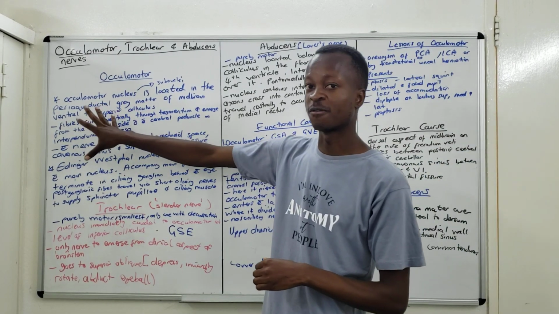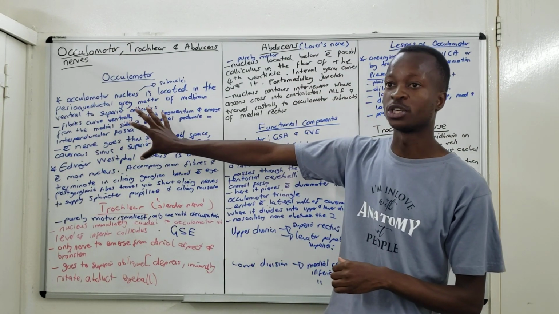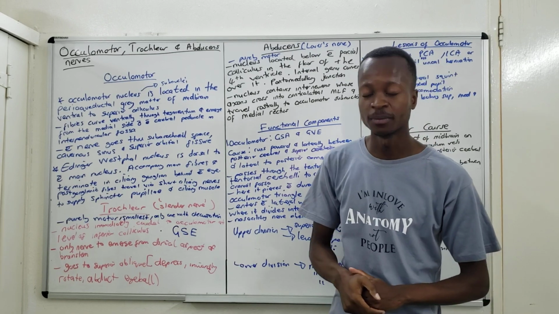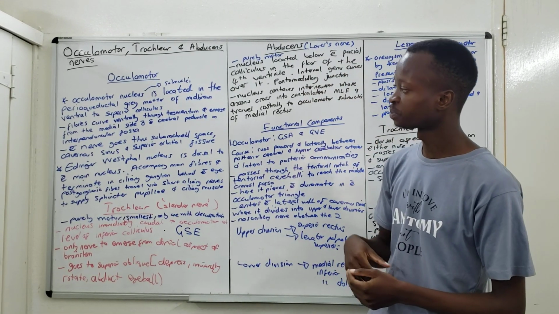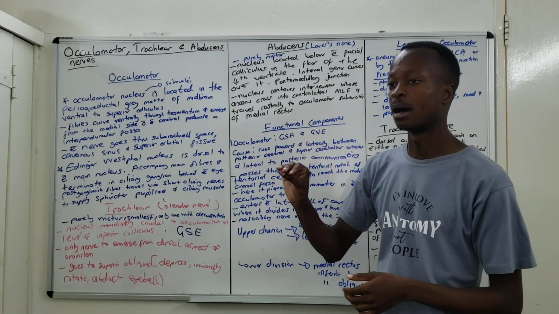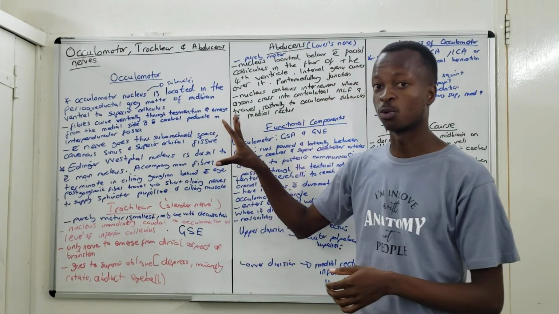You're also going to have another nucleus for the oculomotor, which is also located in the midbrain. This is going to be your Edinger-Westphal nucleus, which has the parasympathetic component within the oculomotor.